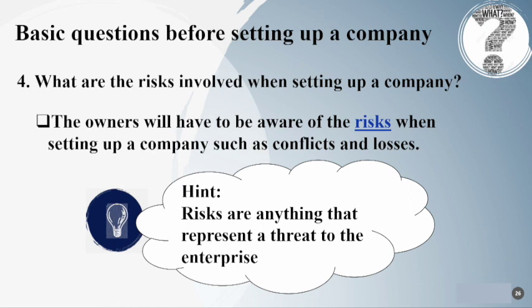Another question is: what are the risks involved when setting up a company? The owners will have to be aware of the risk when setting up a company, such as conflicts and losses. Hint: risks are anything that represent a threat to the enterprise.